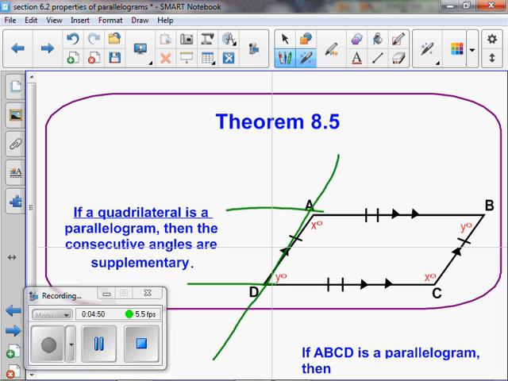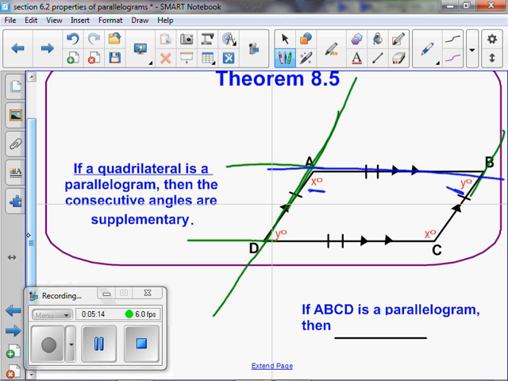So every parallelogram has these special lines built in. I can do it right here as well and call this line the transversal, and then you have x and y that are going to be supplementary. So all that this theorem is saying is that when you have a parallelogram, then any two consecutive angles are going to add up to 180.